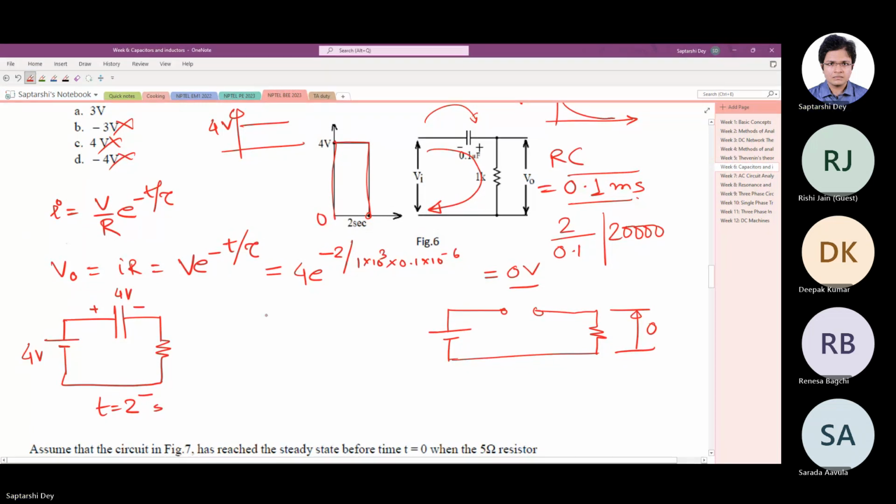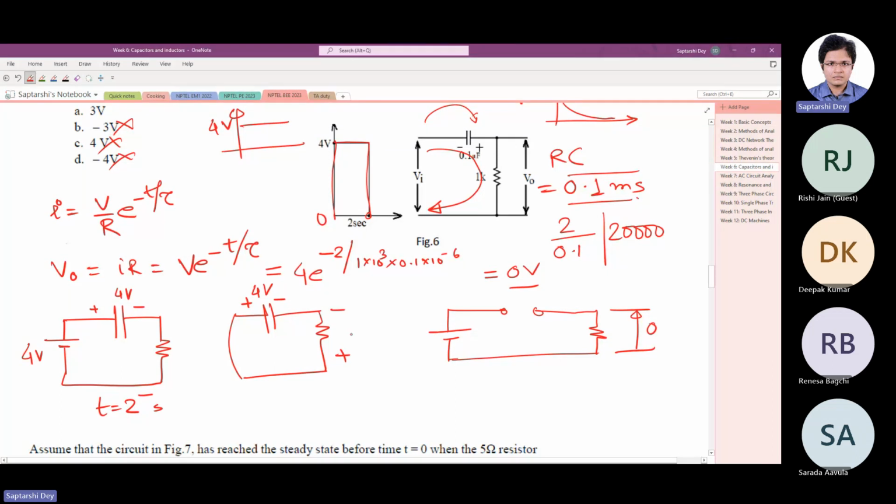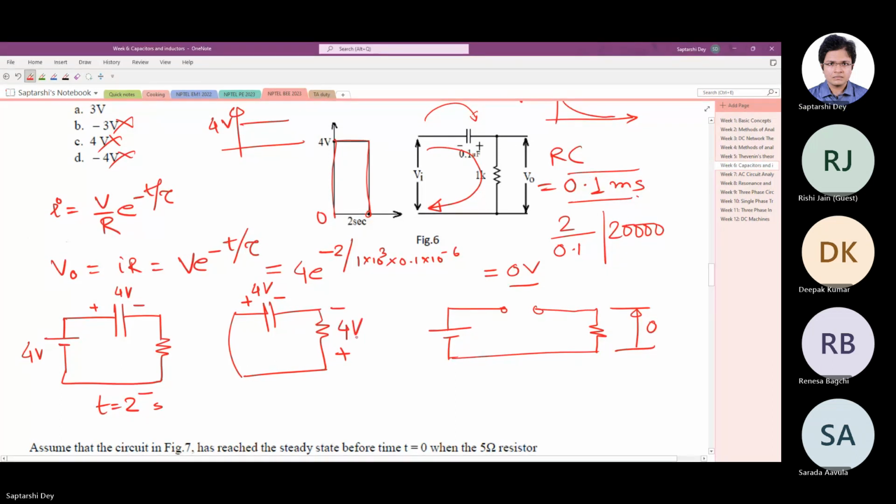Voltage zero means short circuit. Now the capacitor was at 4 volt, and if you suddenly short circuit the source, then the voltage you are getting here is like this, 4 volt. So it should be minus 4 volt.